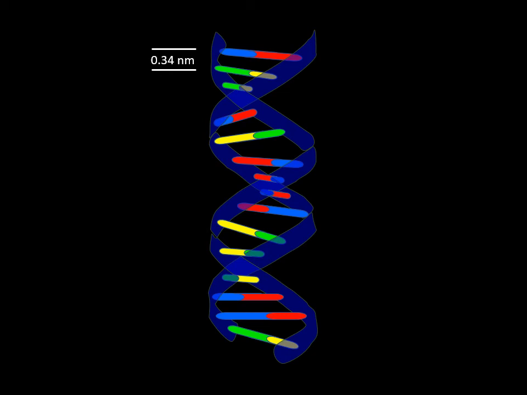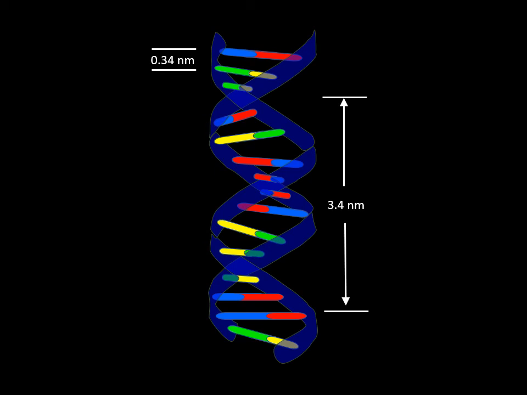The DNA double helix is twisted in such a way that the helix repeats itself approximately every 10 base pairs, which means that the pitch of the helix is 3.4 nanometers. This is the most common conformation of DNA in solution, and it's called B-DNA. There are also A and Z forms, which we'll not be covering in this presentation.